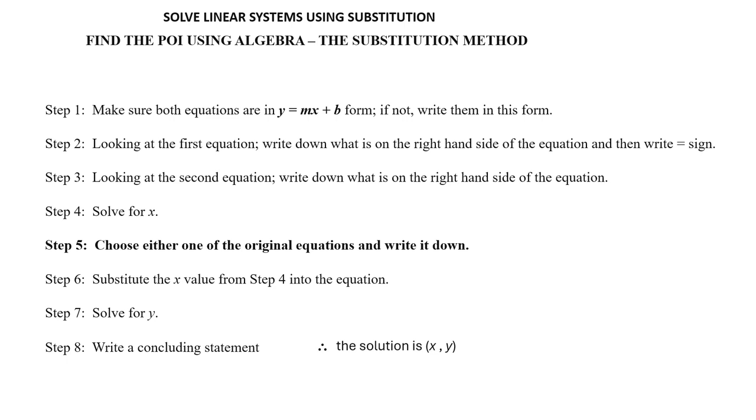Once we have a value for x, we can take that value and plug it back into one of the other original equations and then solve for y. Once we have a value for x and y, we conclude that that is the point of intercept, and we'll just write a concluding statement.